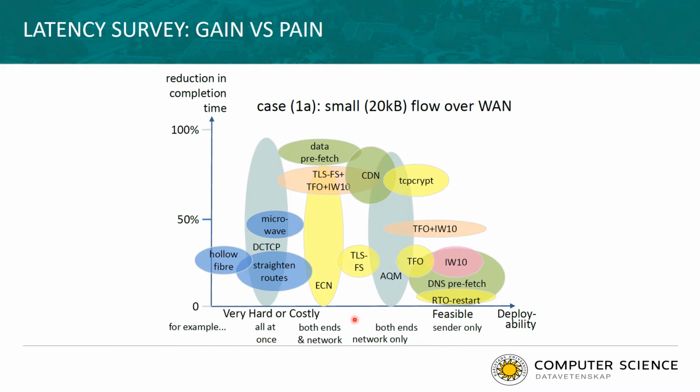You can see in this graph also that the mechanisms are quite different. If you, for instance, increase your initial window from 3 to 10, this will very consistently or predictably cut one round trip time from this communication. If you, on the other hand, employ active queue management in your network to try and remove the queuing delay, the effect of this can vary greatly.